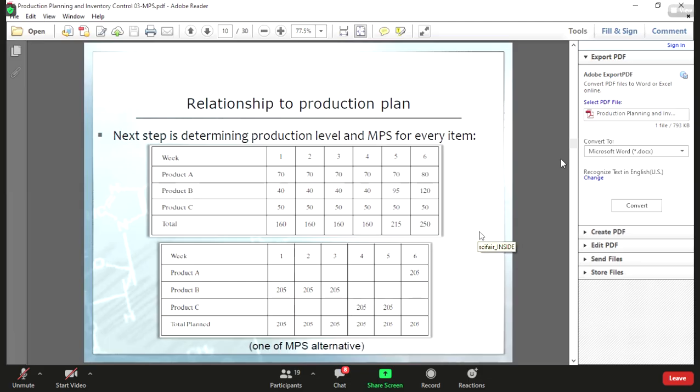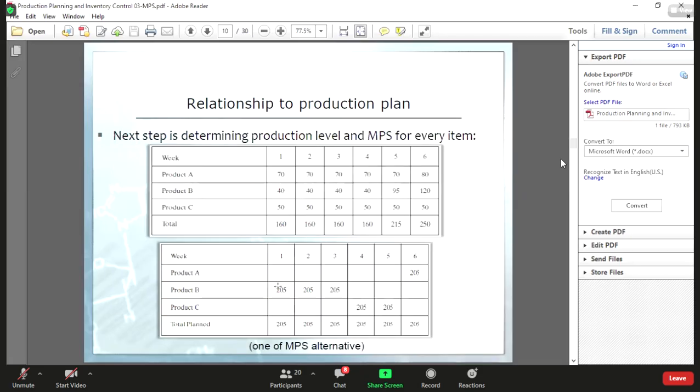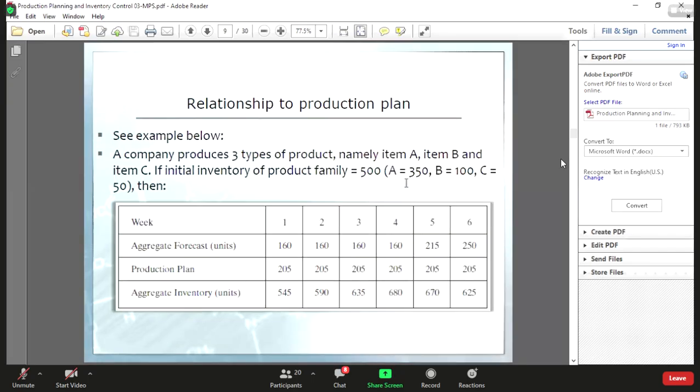After we consider it, let's say this is just for example, you can define it by yourself. Based on the initial stock, we decide to allocate this 205 to B only. Why? Because product A has stock, this one, 350.